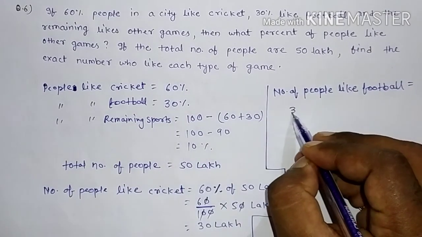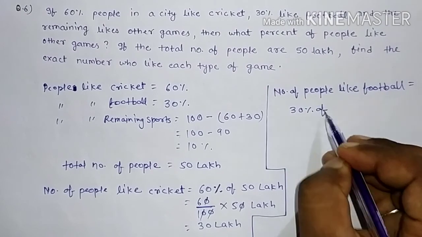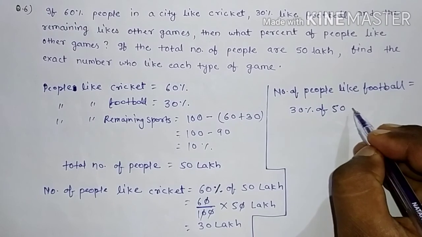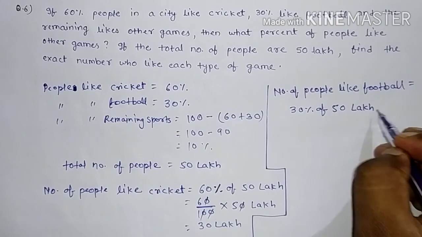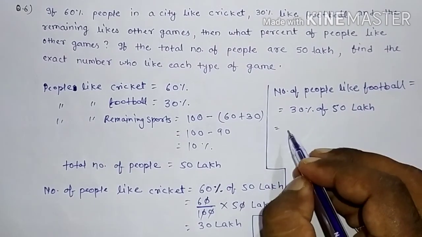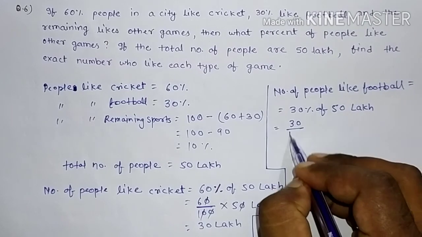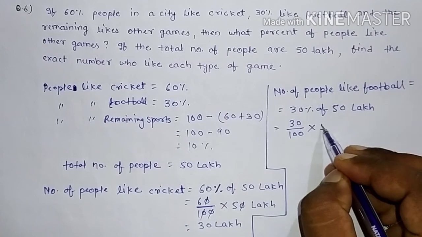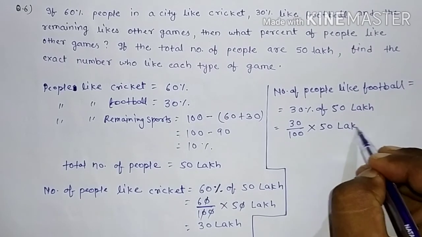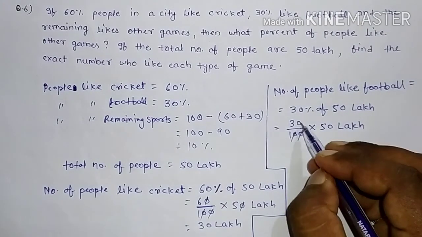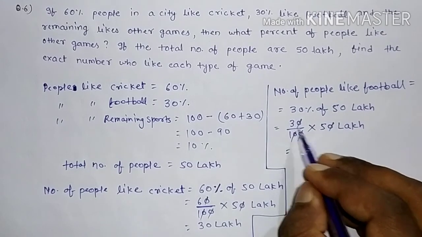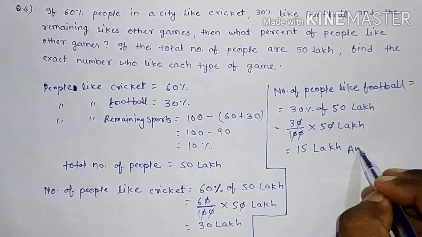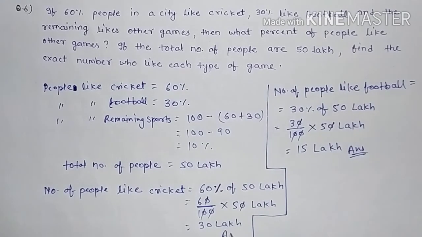So this is 30% of total number of people, that is 50 lakh. Just simplify it. So 30 upon 100 multiply by 50 lakh. 0 0 cancel out. Now 3 into 5, that is 15 lakh. Now this is the answer, and this is also the answer.